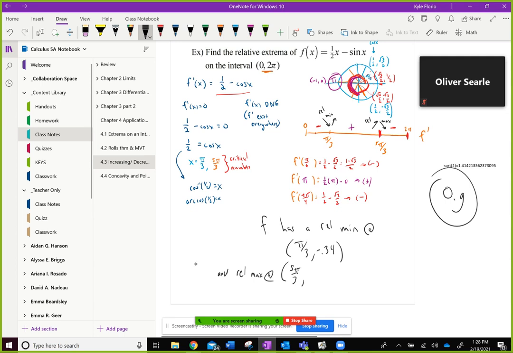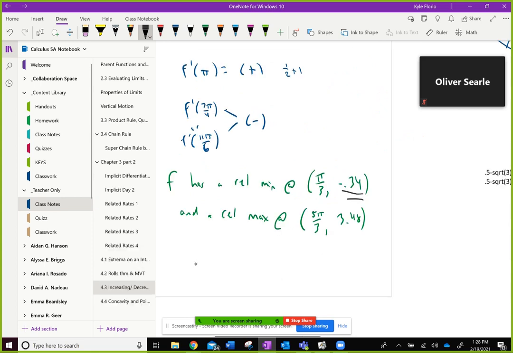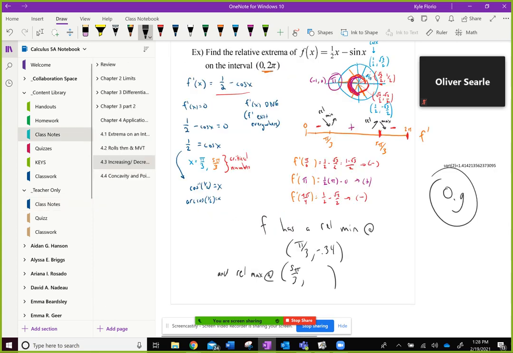At 5 pi over 3, comma, what happens when we plug that in to our function? 3.48. Okay. So, sorry, this doesn't look as neat as it could be. I need to be better.